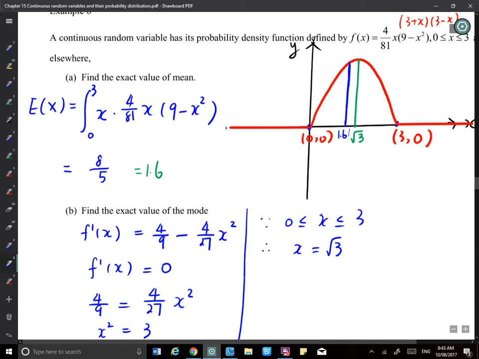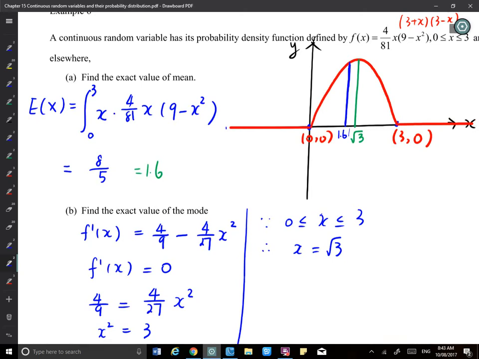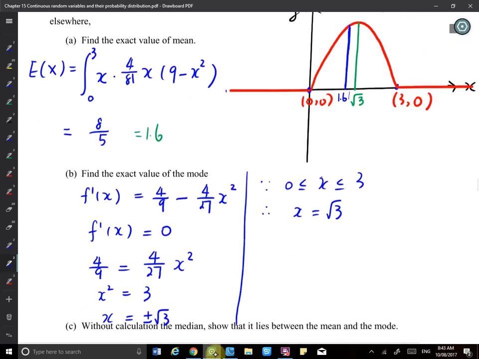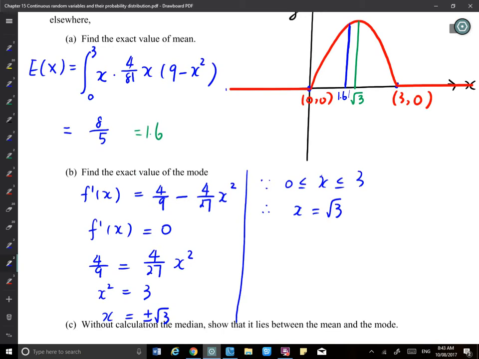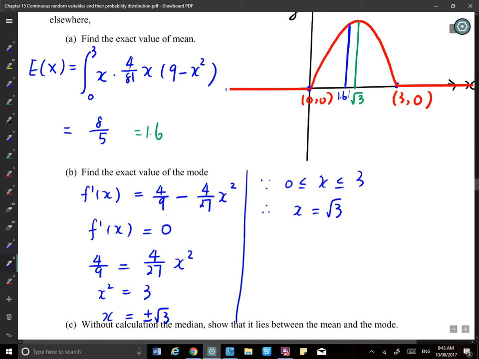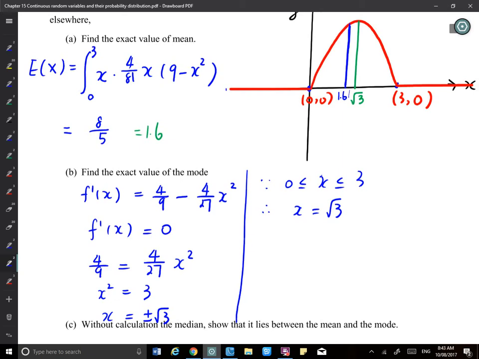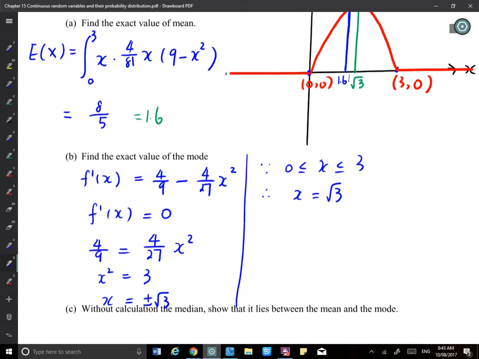How can you show that it must exist in the middle? I think there was a similar VCAA question like that as well. It asks you not to calculate it, but to show directly from the result you have before. So you have your mean and your mode, two values.